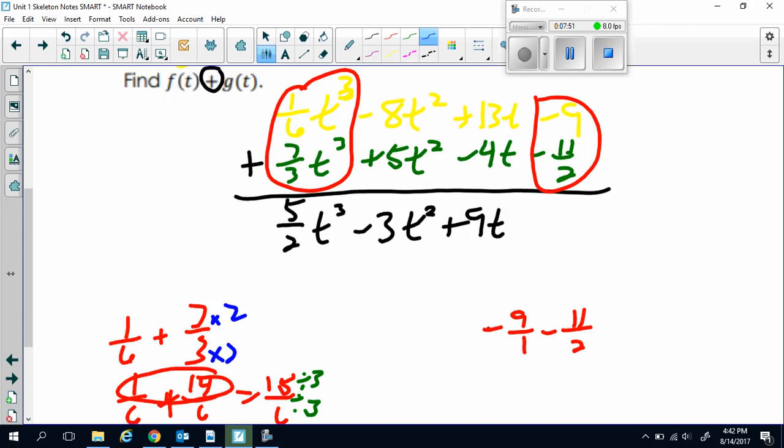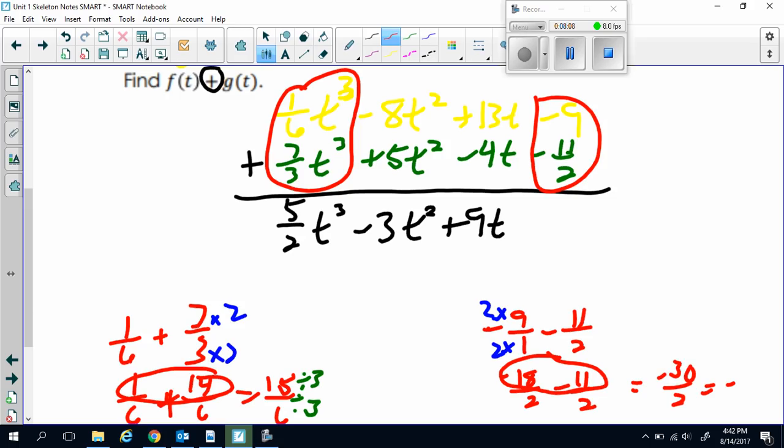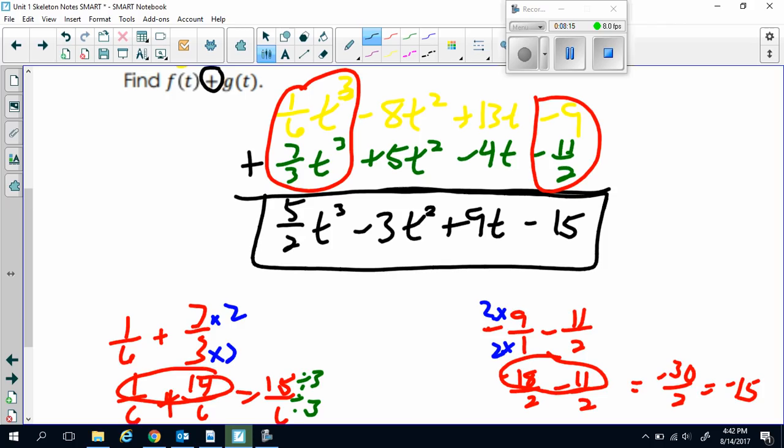So we're going to multiply this side by 2 to get that common denominator. So that's going to give me negative 18/2 minus 11/2. So I can add those tops. Negative 18 minus 11 is negative 29/2. So this will be on the back end. So there's your final answer.